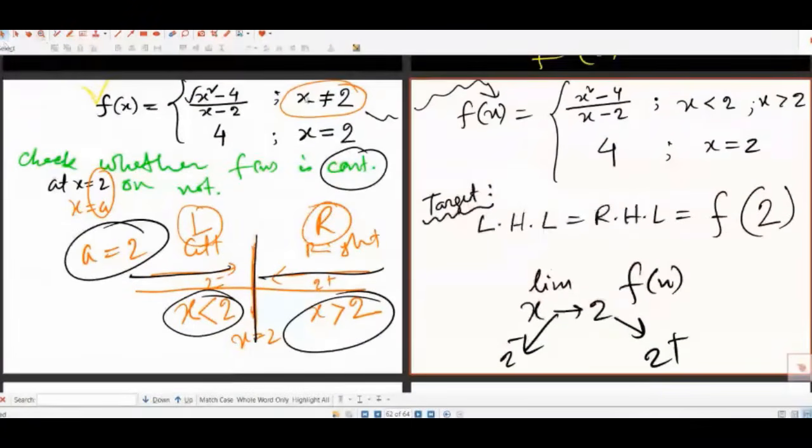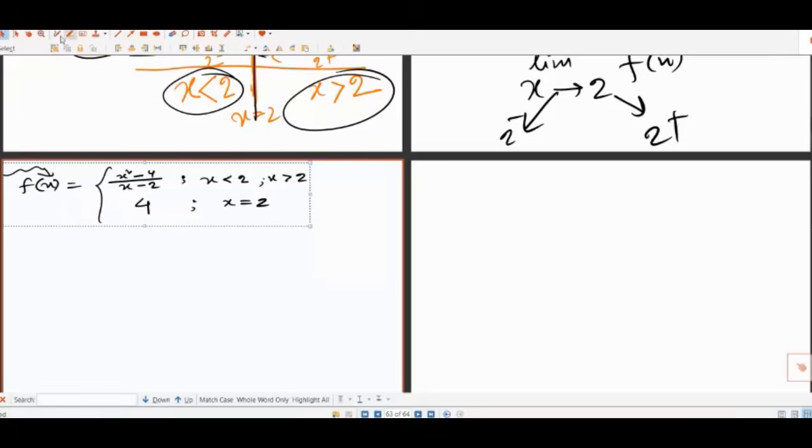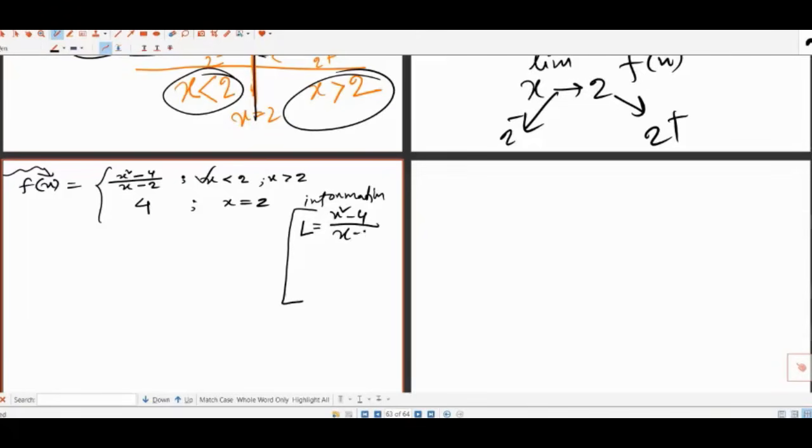This is our function. So our first target is to write the information. Which one will be the leftward function? These are the pieces of information we need. The leftward function is x squared minus 4 over x minus 2. The rightward function is the same one. Yes, sir. And which one is the equal part? x equals 2. So the corresponding function, 4, is the equal function.